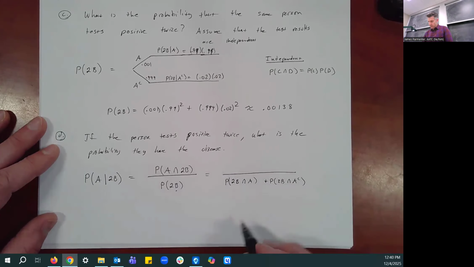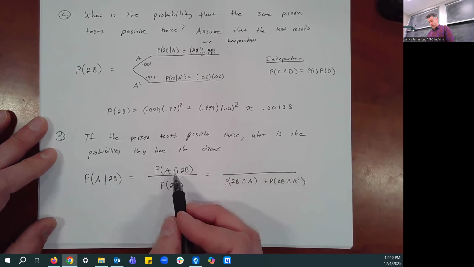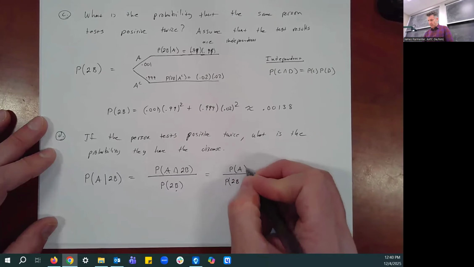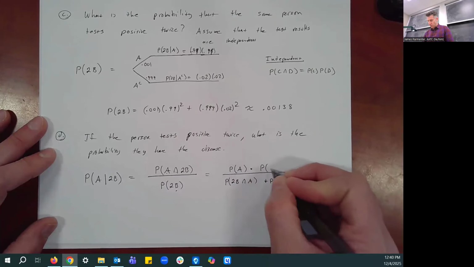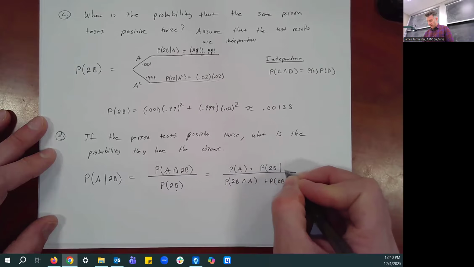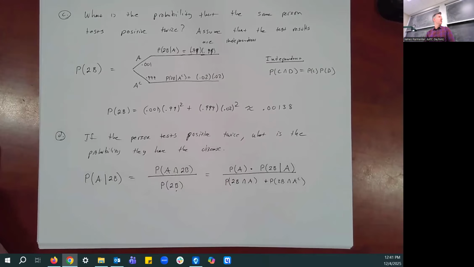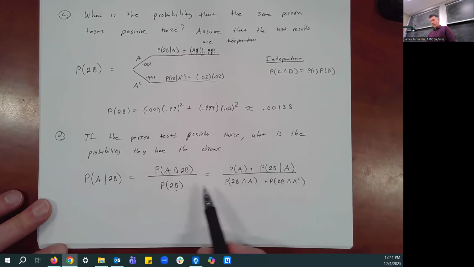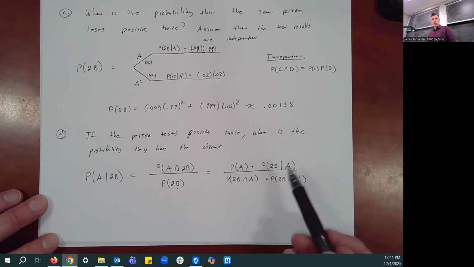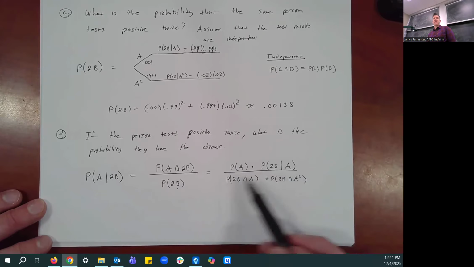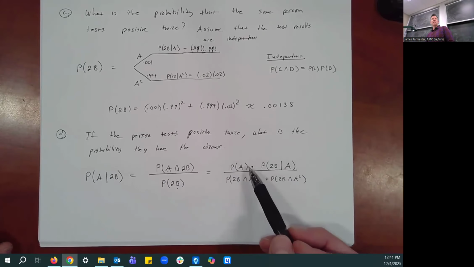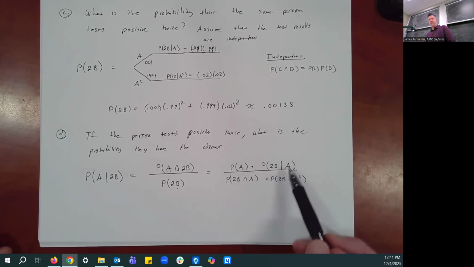On top, the probability of having the disease and two positive tests is just the probability of having the disease multiplied by the probability of two positive tests given that you have the disease. To me, this one's always the hardest part to remember, that this intersection becomes a probability times a conditional probability. That one always feels like I have to actually think about what's going on.